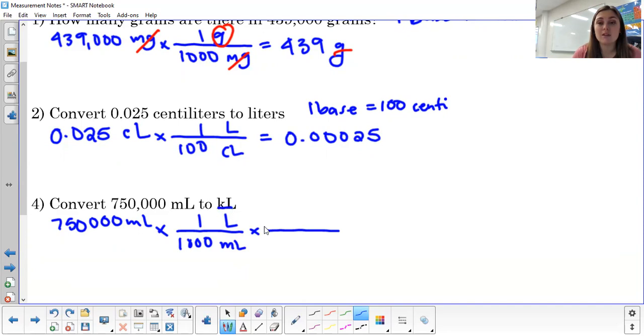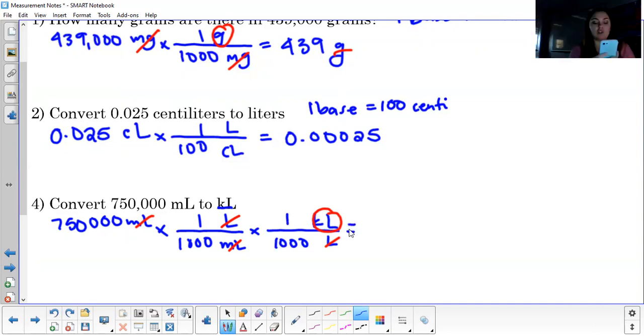I want to end up in kiloliters. So liters has to go on the bottom and kiloliters has to go on the top. Now, hopefully this is going to make sure, yep, here we go. All those units cancel out and I'll be left with kiloliters. Once I plug in this last piece of information, according to my bookmark, there are 1,000 of the base for every 1 liter.